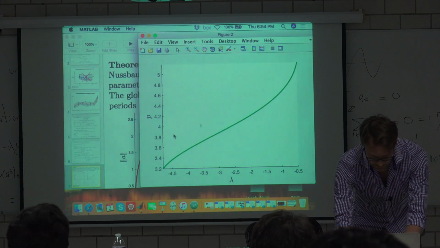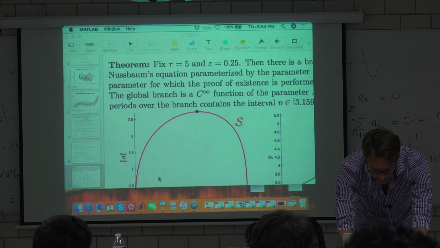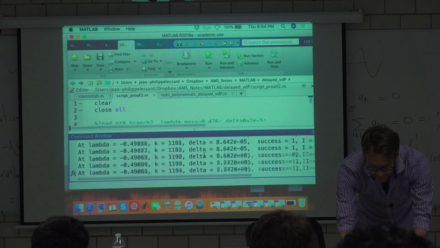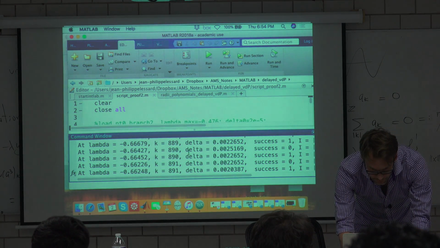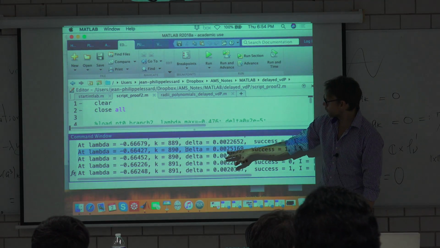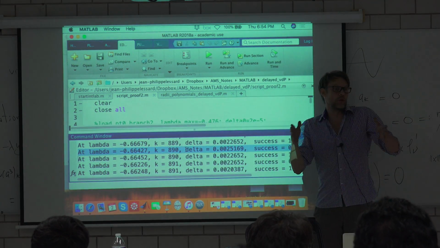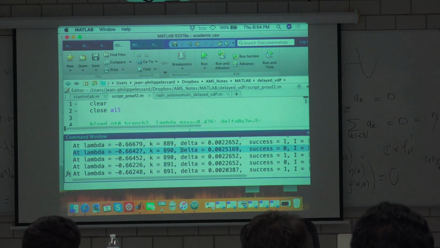And then what you can see from the code is the fact that sometimes it fails. So for instance, at step 890 with delta equals 0.025, it failed. It was too long a step size, so my uniform estimates were just too coarse for the proof to go through.